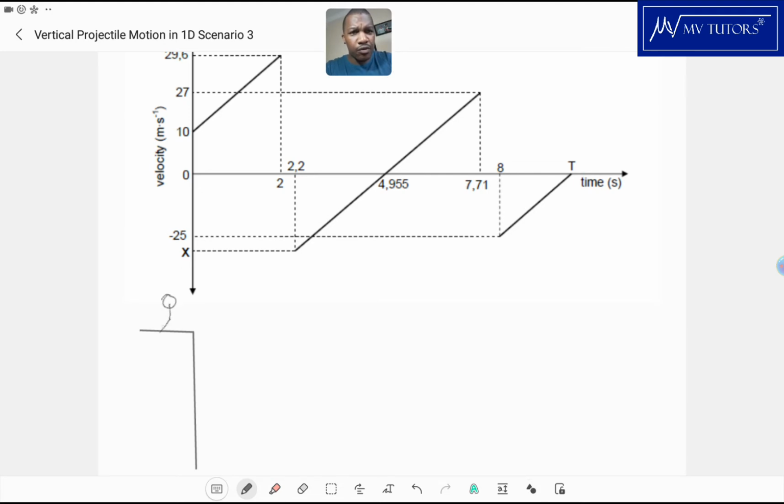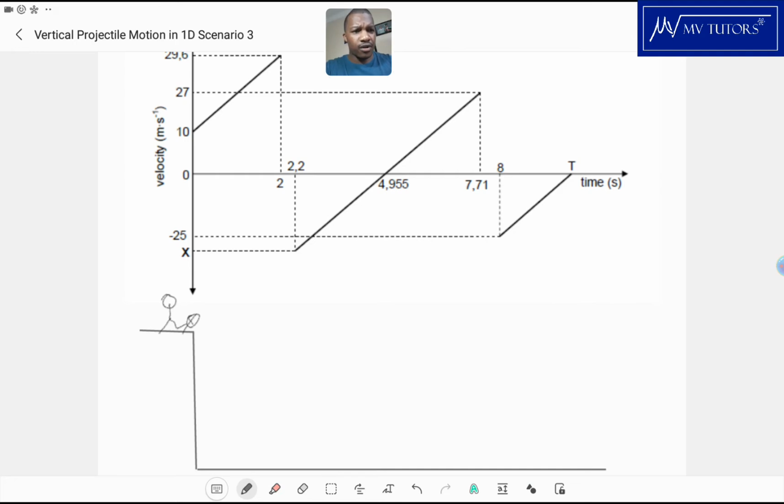It doesn't matter who it is, but this person kicks a ball. Okay, so that's a ball. Now the ball is going to move from the top of the building, and let's just do a bottom there. That's the bottom of the building.